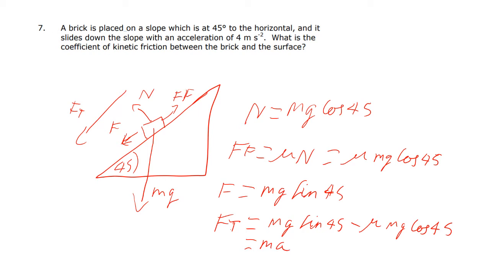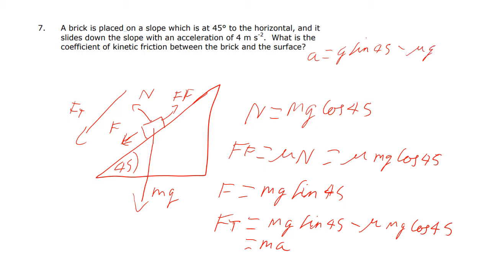So our a is 4 meters per second. So we can basically do the maths to rearrange this. First of all, we can cancel all the masses. So we can say that a is equal to g sine 45 minus mu g cos 45.